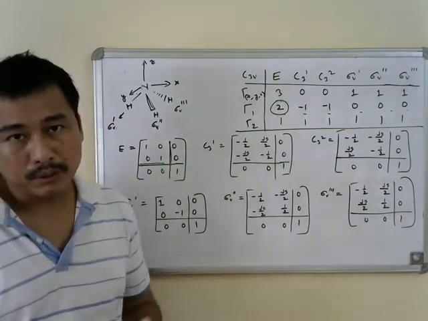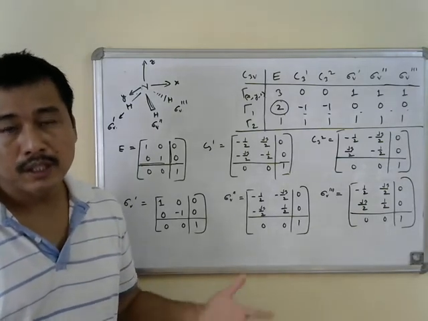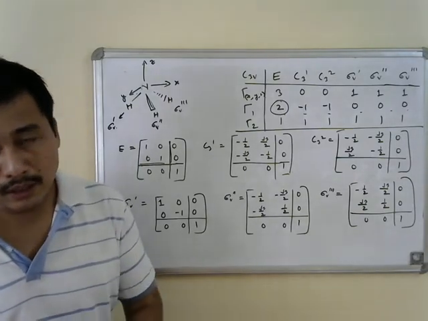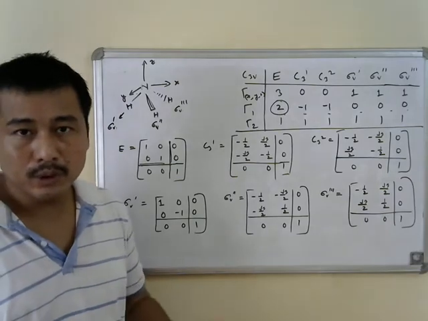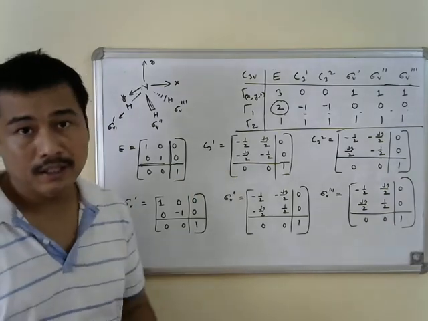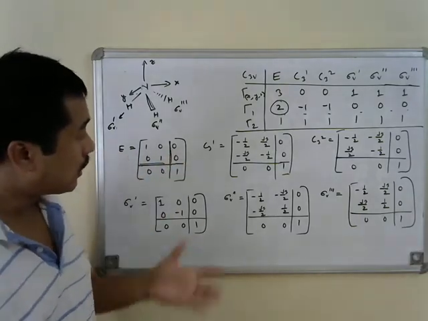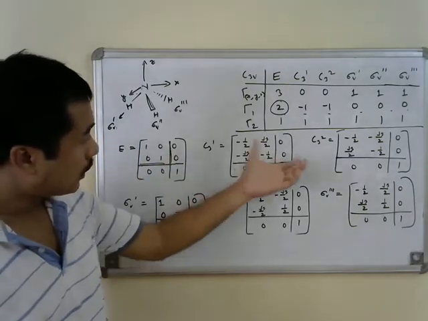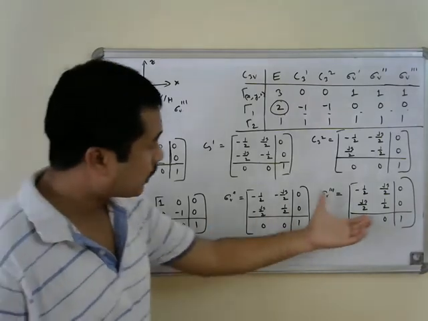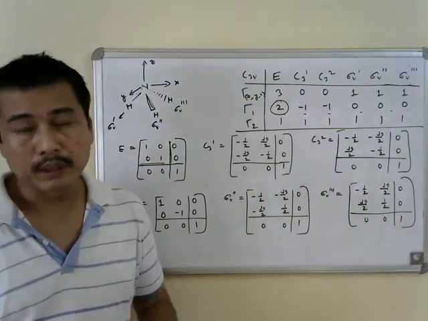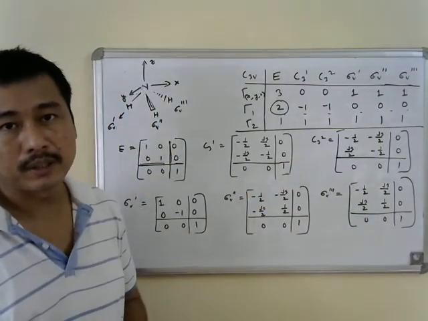Just for the purpose of demonstrating the difference between reducible and irreducible representations, or how irreducible representations appear within reducible representations, I have written these matrices and block factorized them so that we can see the irreducible representations present within the reducible representation.